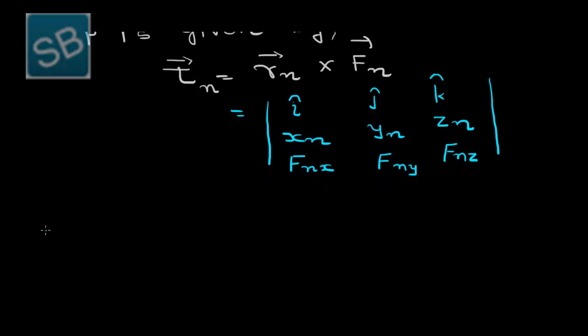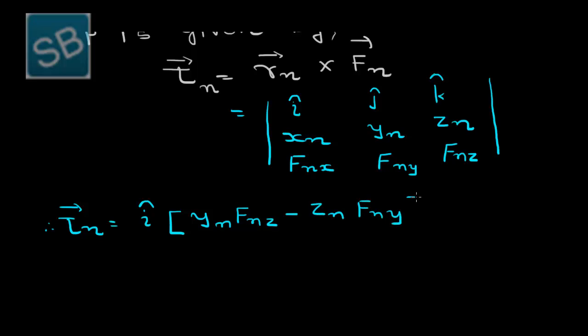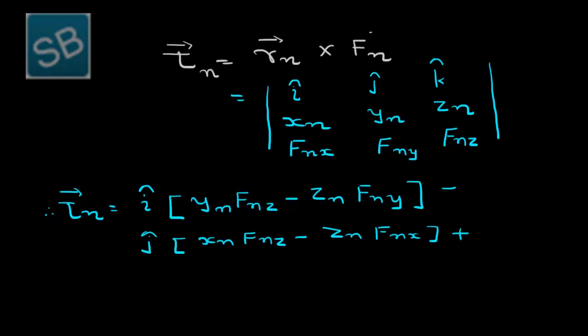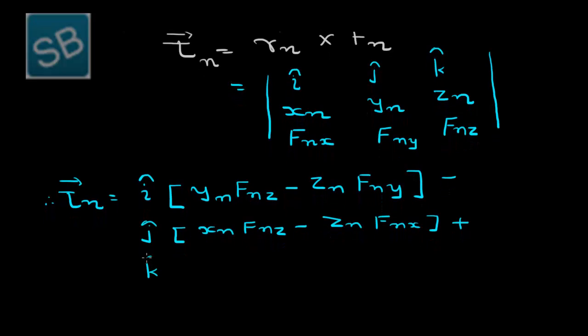So we will get tau n equals i cap into (yn Fnz minus zn Fny), minus j cap into (xn Fnz minus zn Fnx), plus k cap into (xn Fny minus yn Fnx).